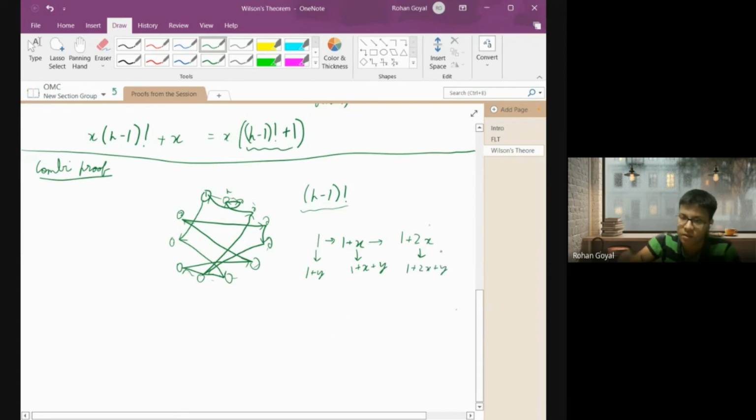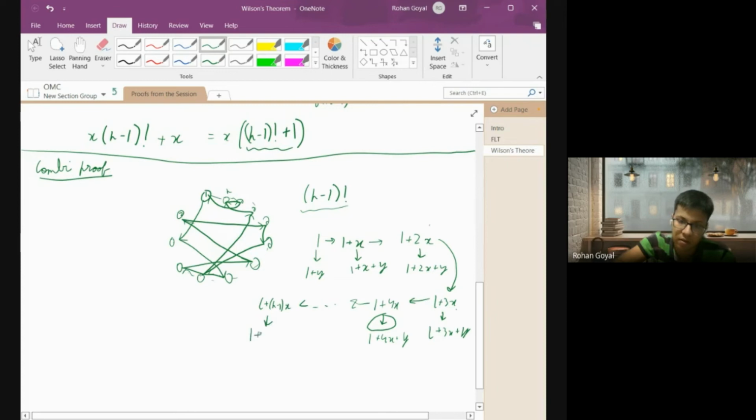But this went to 1 plus 3x, so there must be an edge from 1 plus 3x to 1 plus 3x plus y. And this went to 1 plus 4x, which must have had an edge to 1 plus 4x plus y. So this is basically saying that all edges you have initially are of the same length, because I can continue this argument all the way up to 1 plus p minus 1 times x.